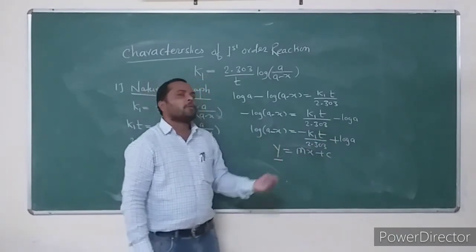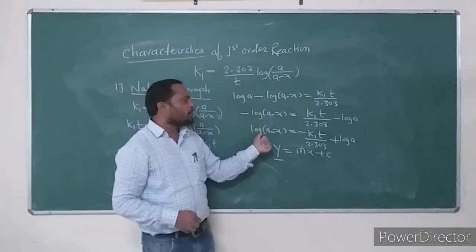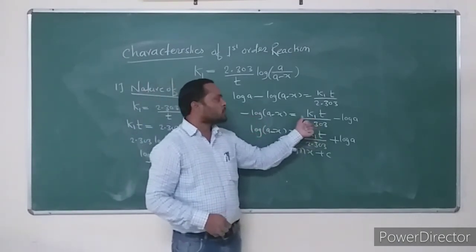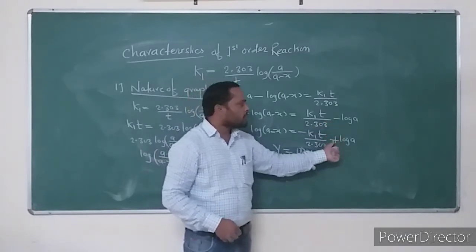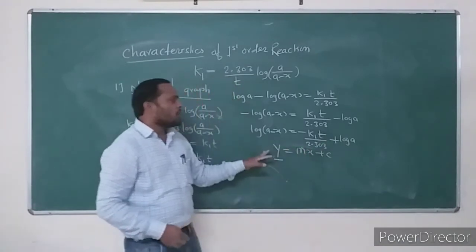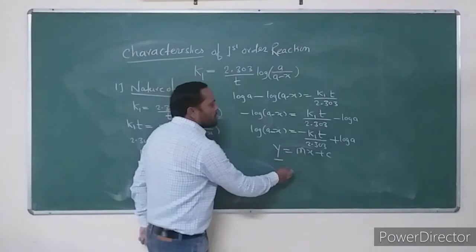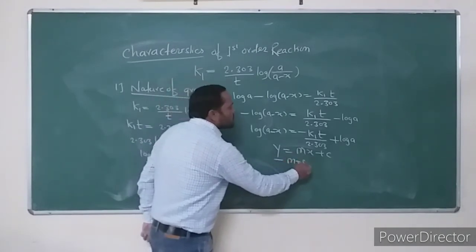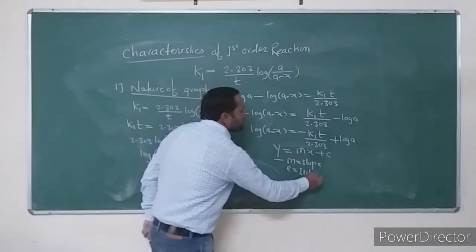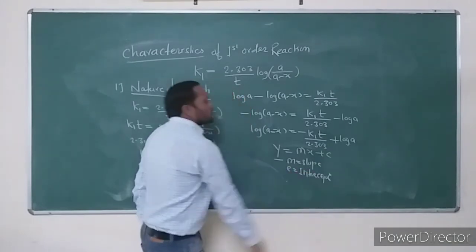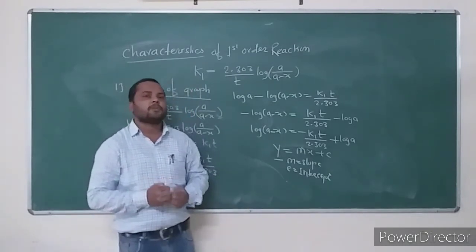Multiply both sides by minus 1: log a minus x is equal to minus k1t upon 2.303 plus log a. This equation is similar to the straight line equation y is equal to mx plus c, where m is the slope of the straight line and c is the intercept.